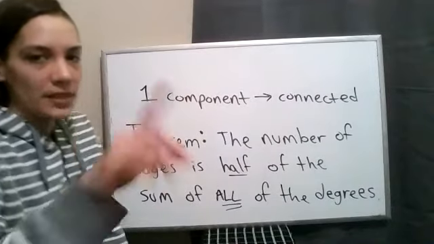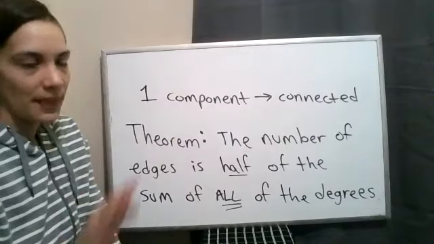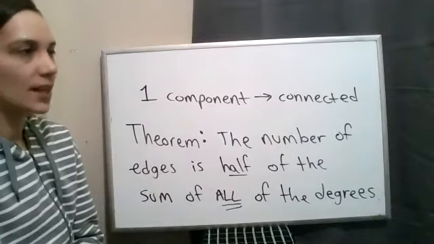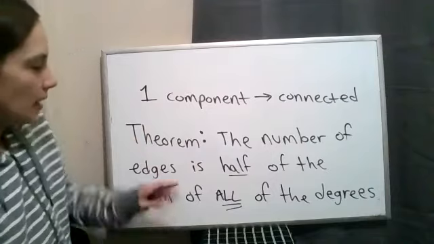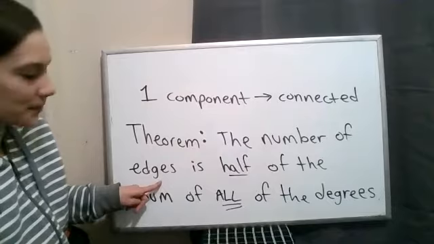Okay, so that means you would find the degree for every vertex, add all of the degrees together, and divide by 2. And that is going to give you the number of edges that are in the graph.